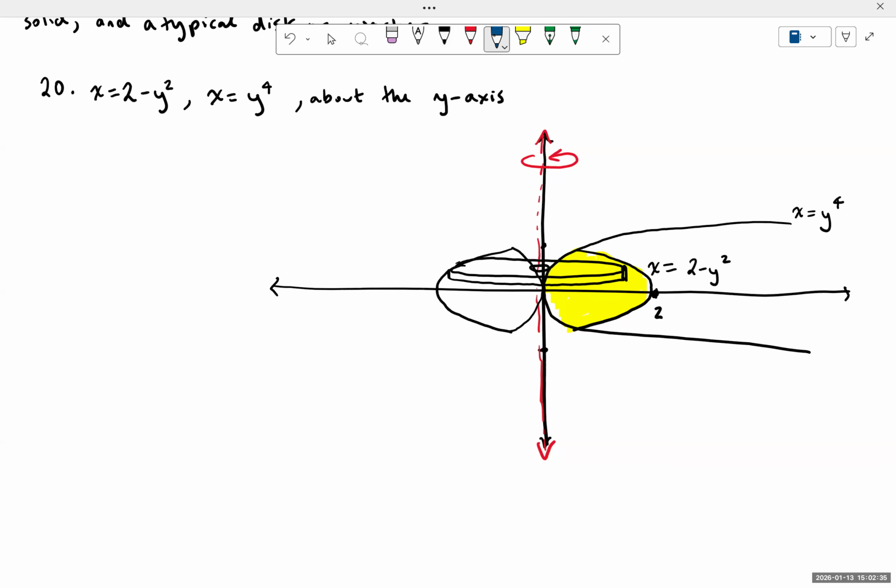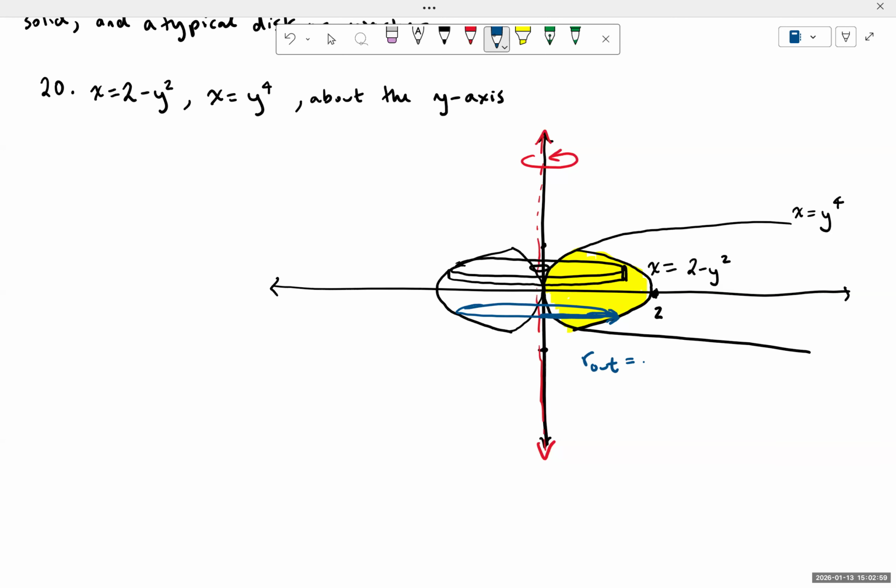So let's see if we can draw this a little bit better. Maybe down here, it's the same idea. I'm just going to draw it twice. So this is my outer radius. I'm going to be going to this curve. So R out. And what is the radius? The radius is x, right? Because that's distance.